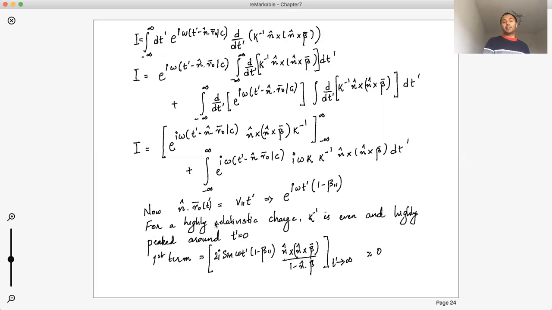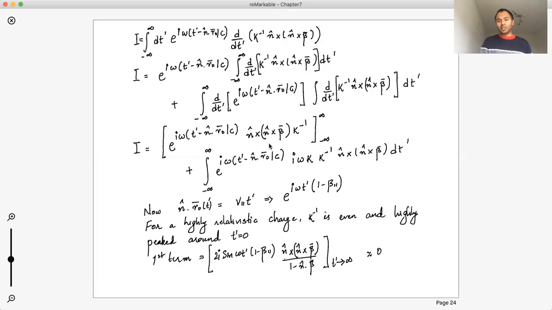Now, for a highly relativistic charge, kappa inverse, so remember kappa is 1 minus n hat dot beta. So when beta approaches 1 and beta is in the same direction as n hat, which happens at t prime equal to 0, 1 minus n hat dot beta goes to 0 basically, right? So kappa inverse will go to infinity. So that is why you get that really narrow pulse. Now notice that the kappas cancel out in this integral, but you still have a kappa inverse here.